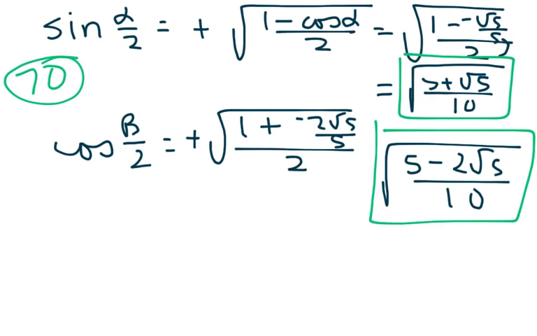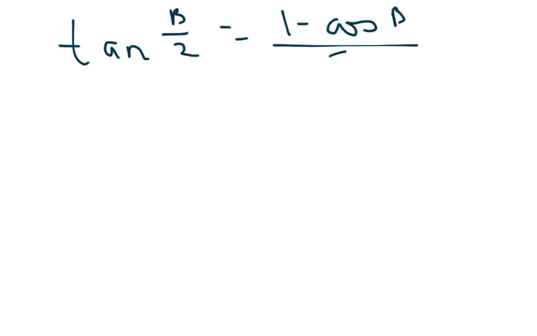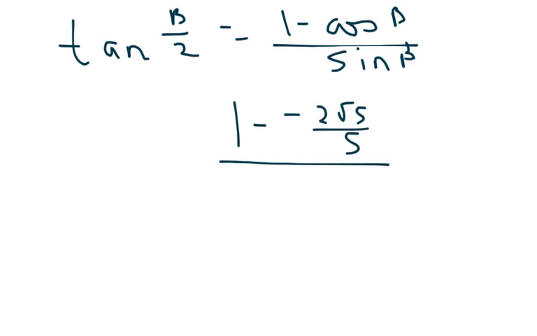The last one is tan of beta over 2, which equals 1 minus cosine of beta over sine of beta. So this is 1 minus cosine of beta, which is negative 2 root 5 over 5, and sine of beta is root 5 over 5.